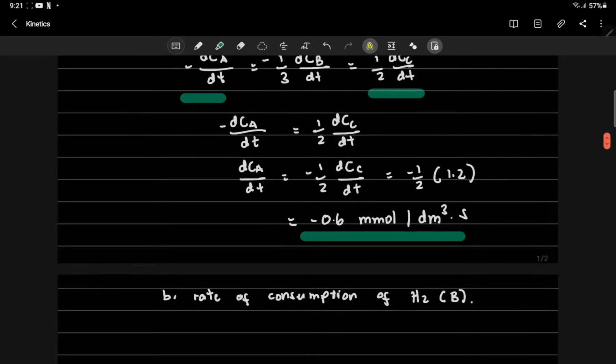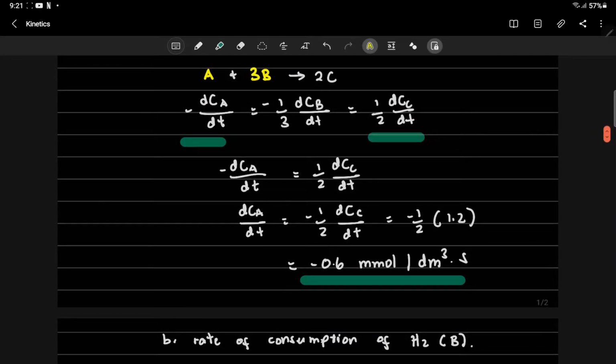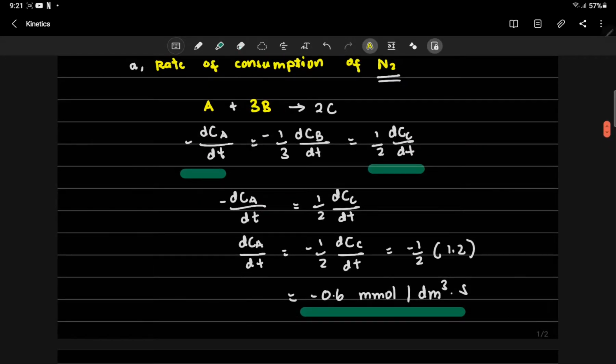So from our relation right here, what we're going to do is relate B with C, or rather, we will relate the rate of change of B with the rate of formation of C, of which we know the value already. So we will utilize that.